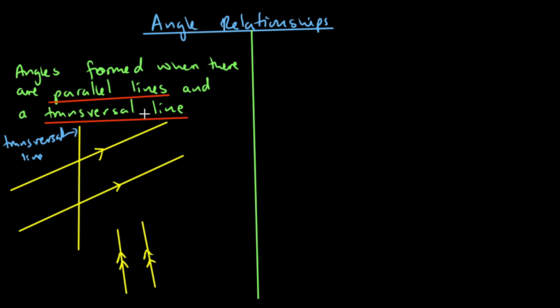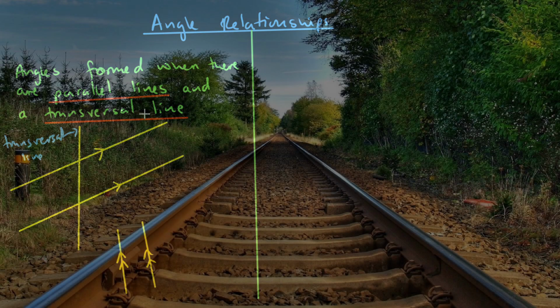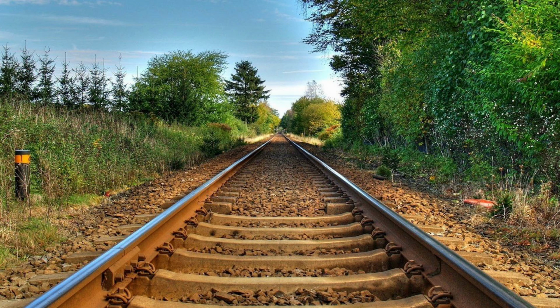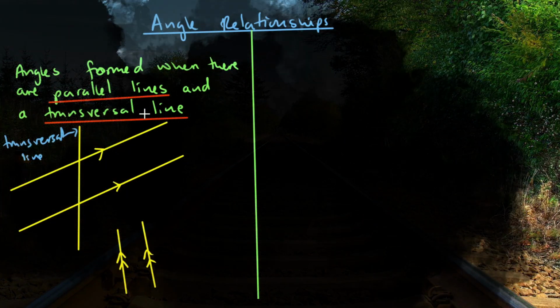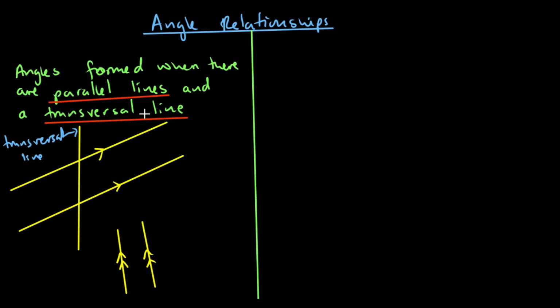Have you ever seen a rail line where trains move? If you go on a rail line, you know that the tracks for the railway run parallel forever and ever. So that's just another example of parallel lines.